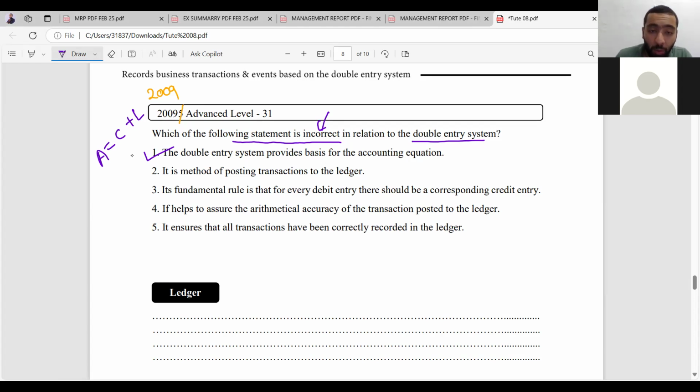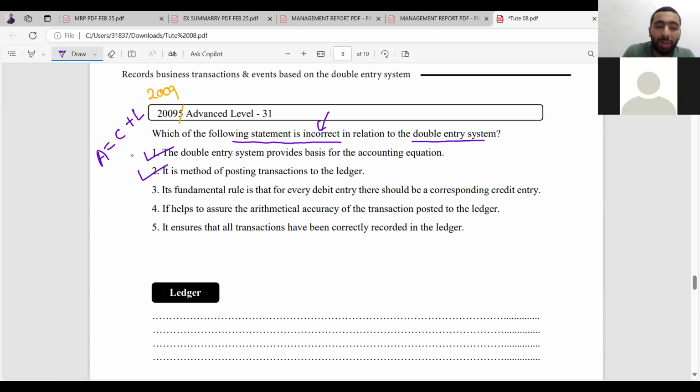It is a method of posting transactions to the ledger. Yes, correct. Next you put the transactions into ledgers. We will discuss what the ledger is very soon, right? Its fundamental rule is that for every debit there should be a corresponding credit.